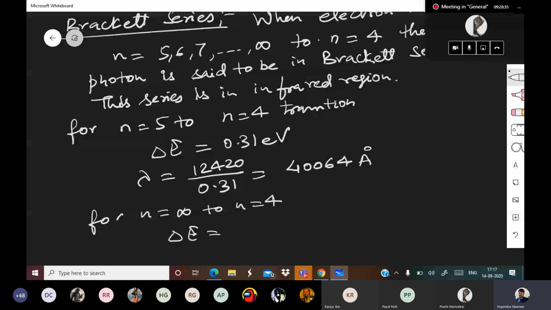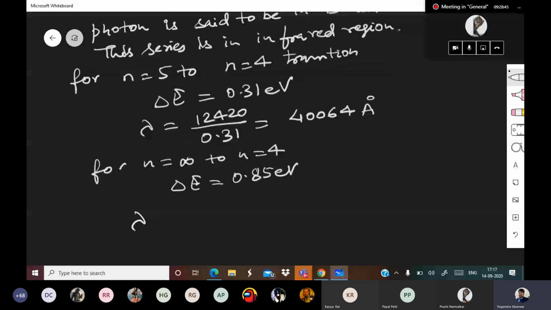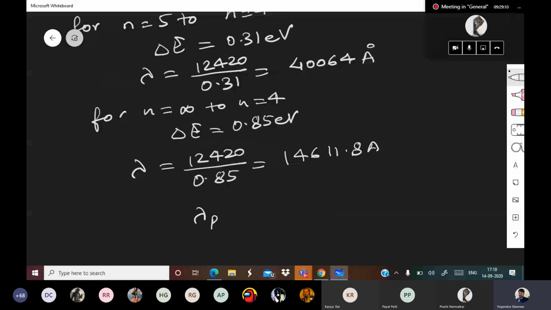Sahil, Yolan and Ketan are also saying 0.85. 0.85 eV. So lambda will be 12420 upon 0.85, and that comes out to be 14611.8 angstrom.